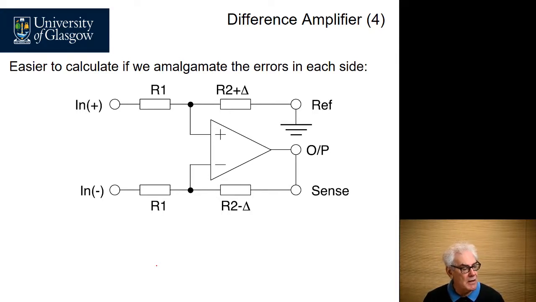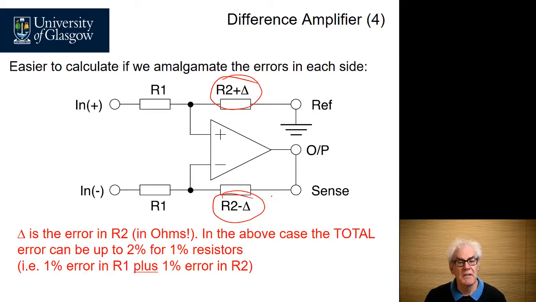So let's assume that this resistor, R2, is 2% high, and this resistor, R2, is 2% low. We can now do the calculations exactly as we did before. Before we get much further, it's important to realize that the delta in this example is in ohms, not in percentage.